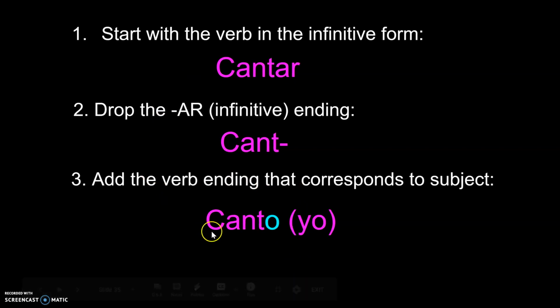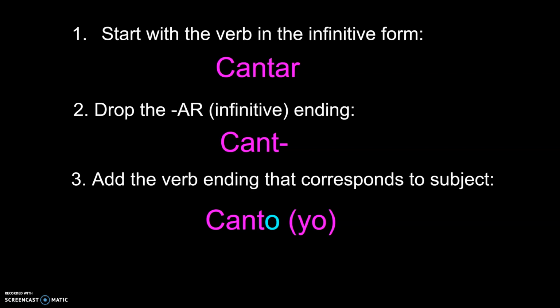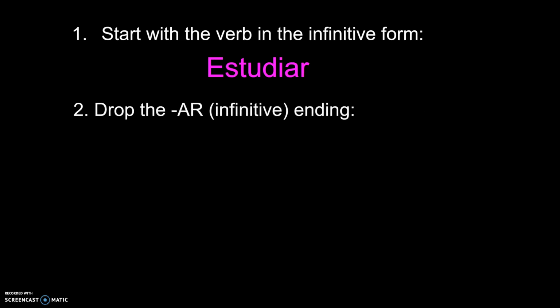Pretty simple. Chop off the ending and add the corresponding subject ending. Let's take another one. Estudiar, which means what? To study. Muy bien. We're going to drop off the AR ending, leaving us with estudi.